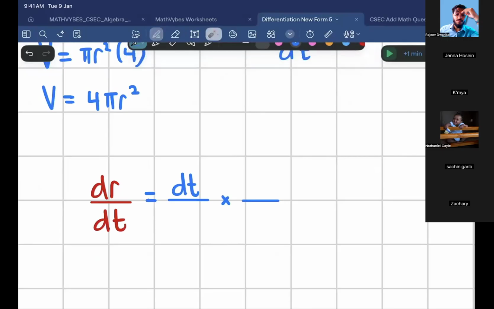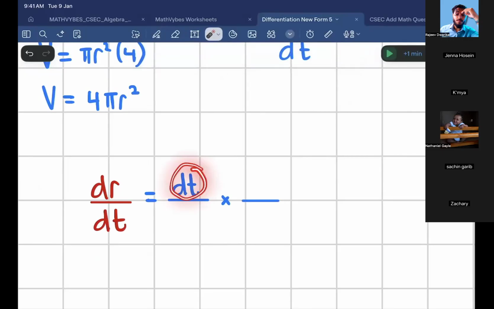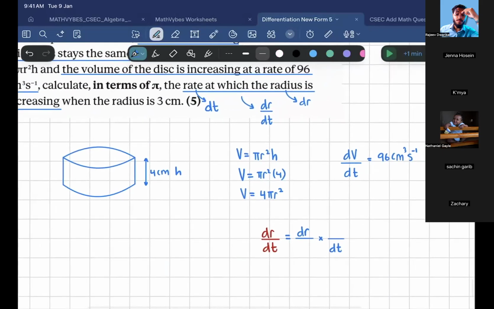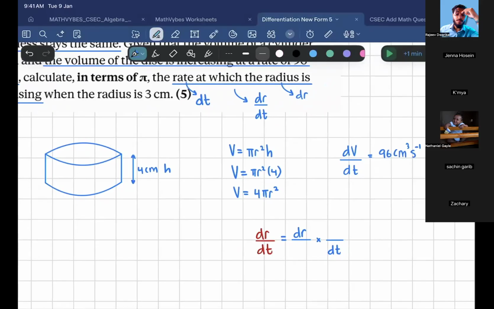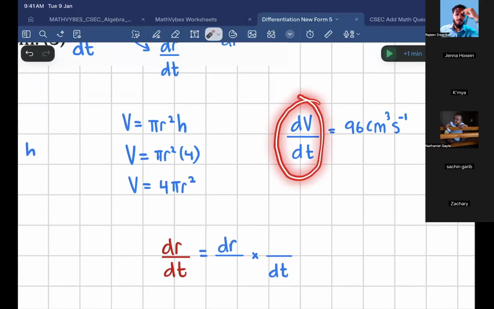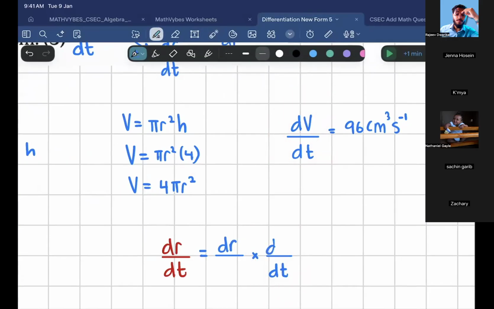If I put dt over here, that doesn't make sense because we want dt to be in the denominator, right? So what would I put here? dr. What would I put here? dt. Now we're looking for another parameter. What other parameter we could use? dV. And as a matter of fact, this is really telling you, because you have dV/dt, so it makes sense for you to use dV.